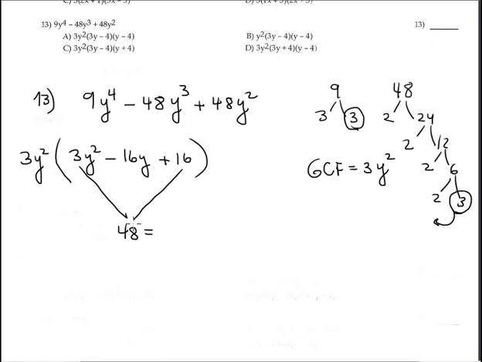Now I try to see what factors of 48 somehow adding or subtracting give me 16. The combination is 12 and 4. 12 times 4 is 48 and 12 plus 4 is 16. So 3y squared, again, I split 16 into 12 and 4.